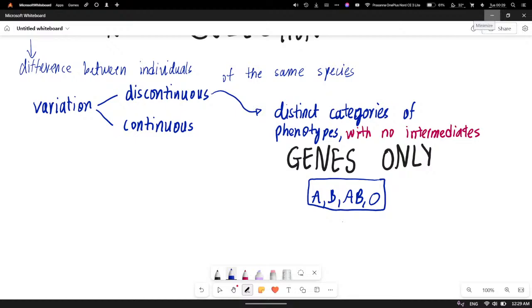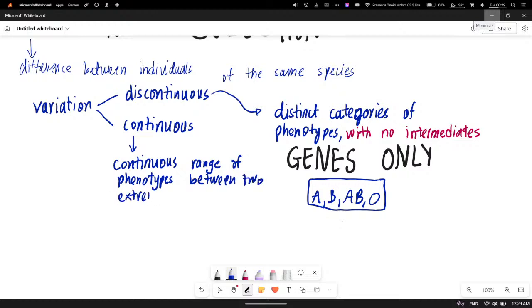Then we move on to continuous variation. Continuous variation is where there's a continuous range of phenotypes between two extremes. And this is caused by what?